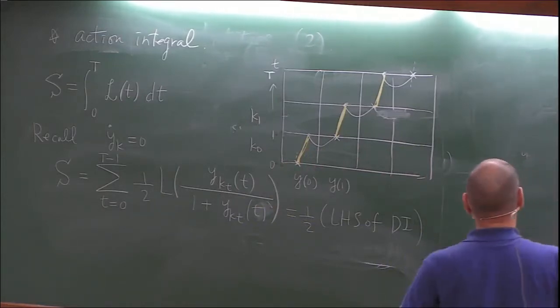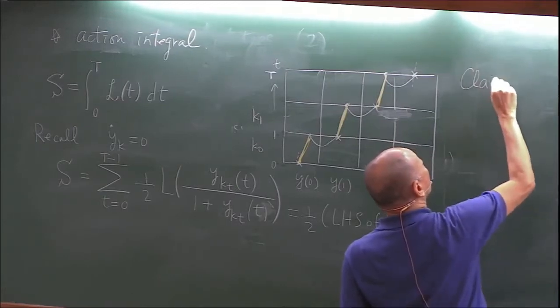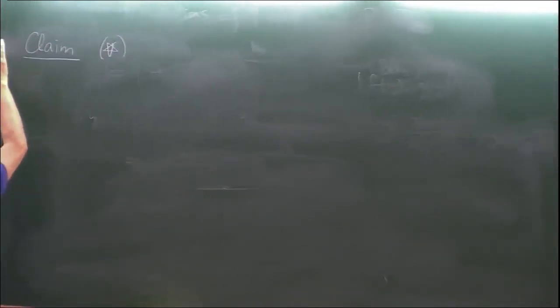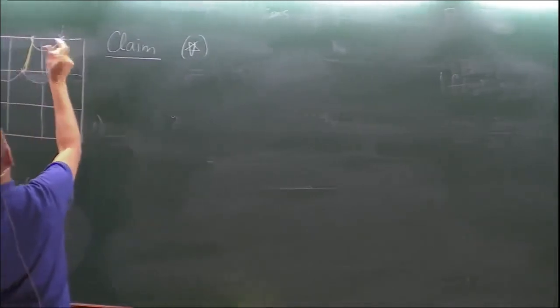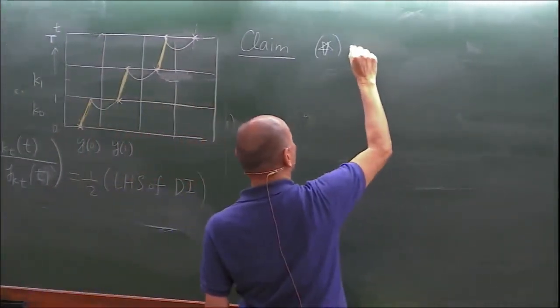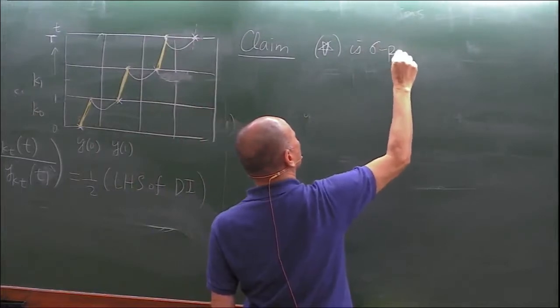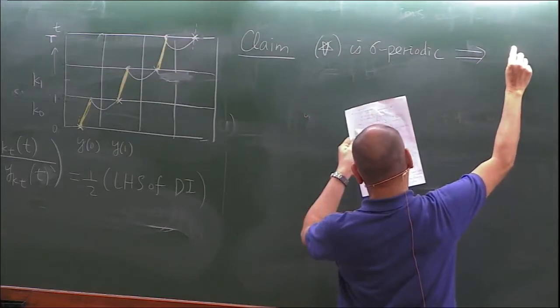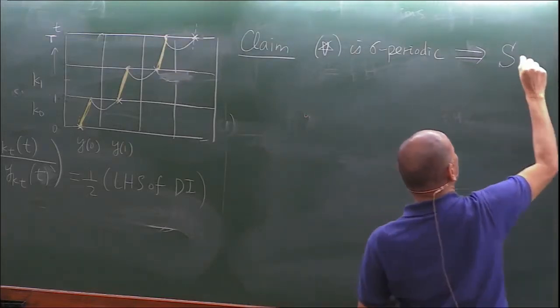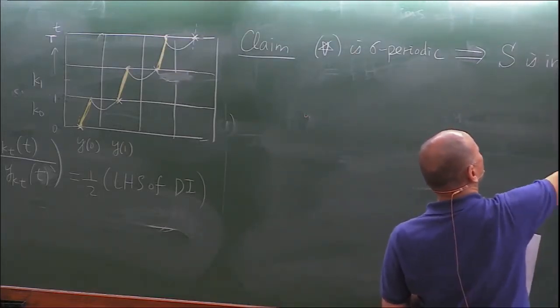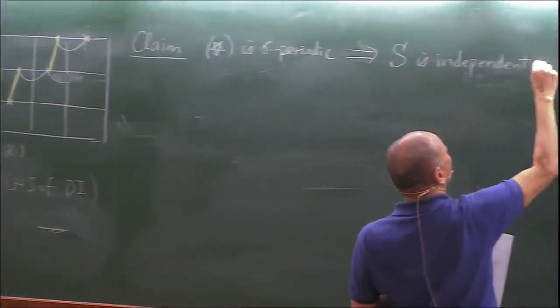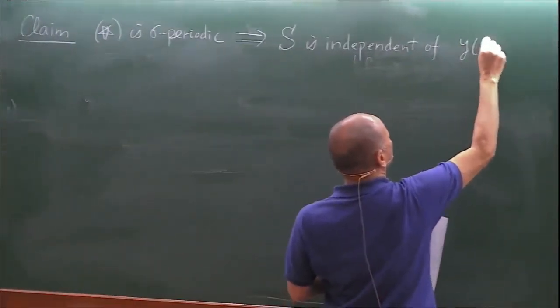The claim is that if this sequence of mutation is periodic up to sigma, so suppose it is sigma periodic, then this constant action integral S is actually independent of your choice of initial value.